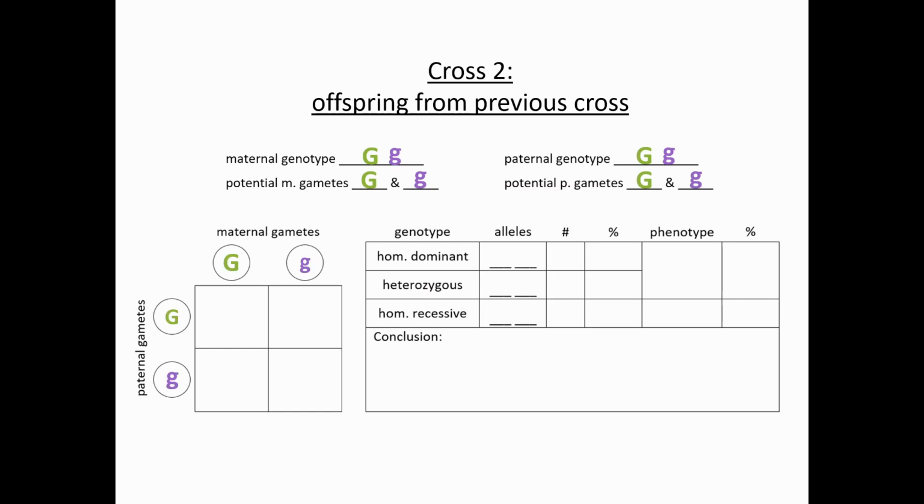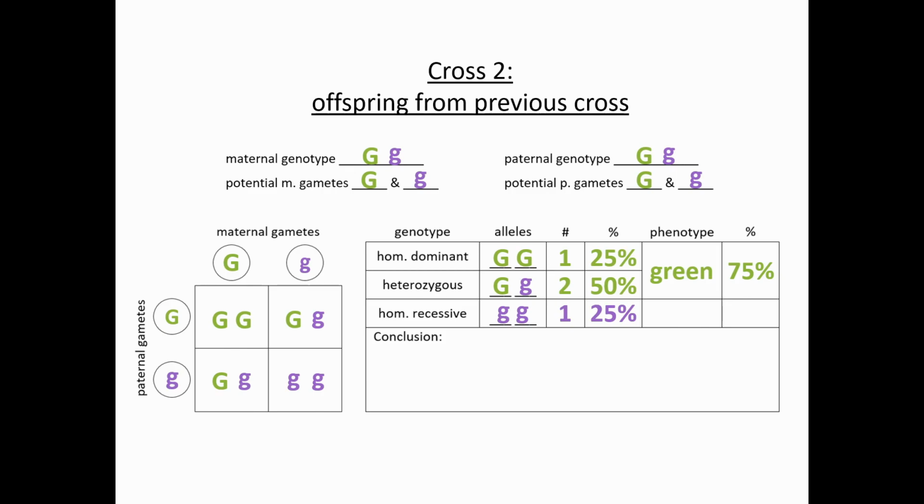And so we put our cross together like this, and if we fill it in, we get a Punnett square that looks like this: capital G capital G, capital G lowercase g, capital G lowercase g, and then lowercase g lowercase g. So we end up with one individual who is homozygous dominant, two individuals that are heterozygous, and one individual who's homozygous recessive. This gives us a 1 to 2 to 1 ratio for the genotype.